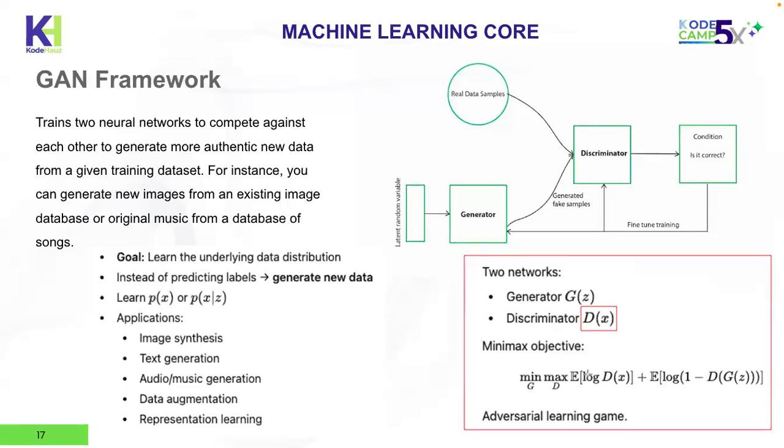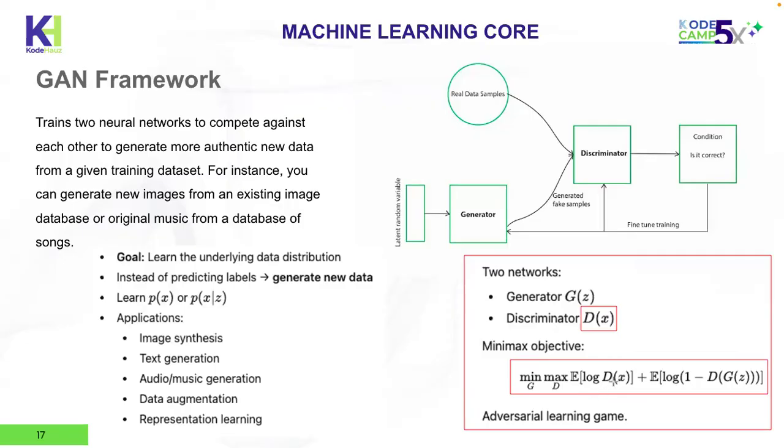So the objective function you're trying to minimize is a minimax objective, right? Minimax means minimize the maximum of a function. That's what minimax is. You first of all get the maximum, and then you get the minimum of the maximum, right?